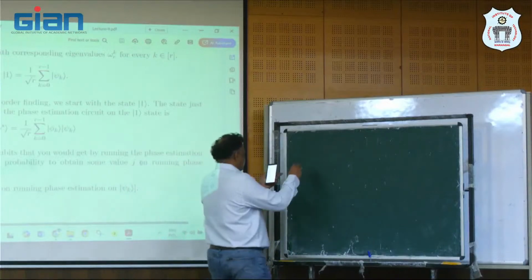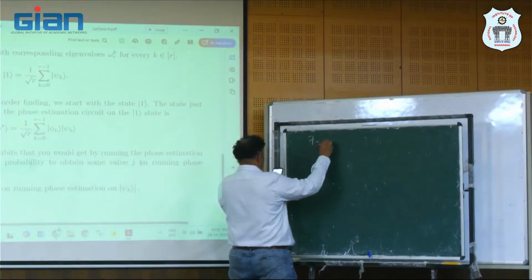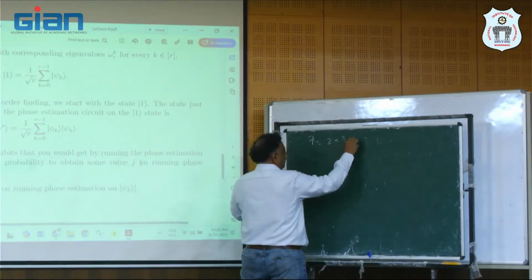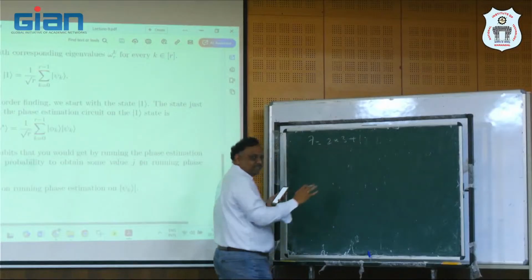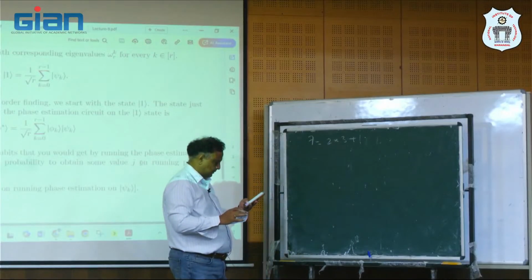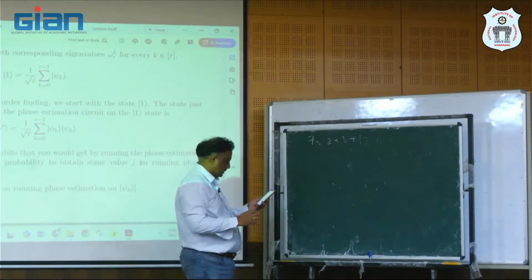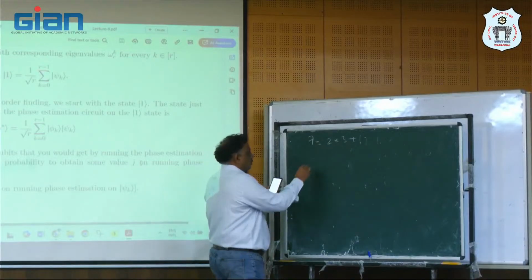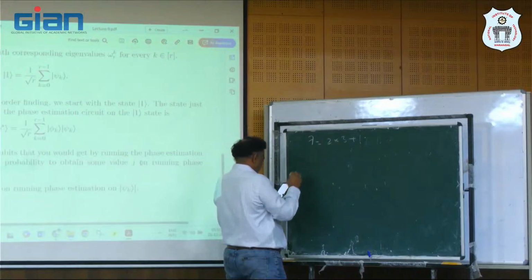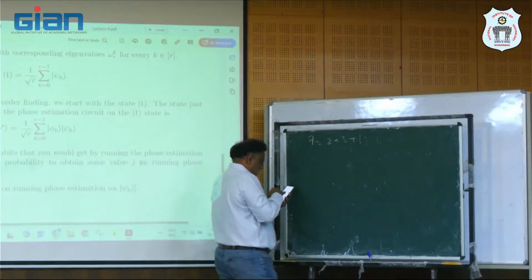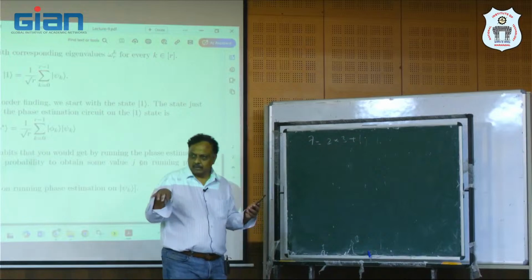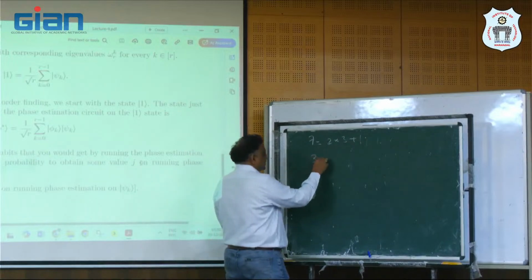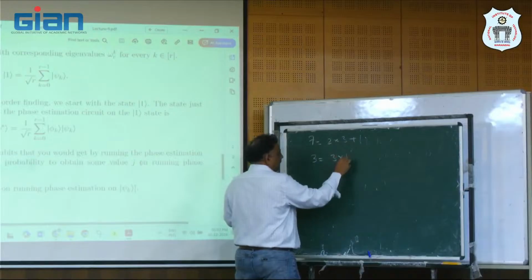The last equation was 7 equal to 2 into 3 plus 1. Now we are repeating it for 3 comma 1. It is the B comma R, and when R becomes 0, 3 becomes 3 into 1 plus 0.